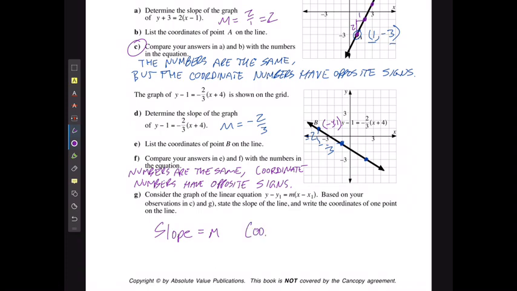And my coordinate, based on that equation, is going to be at x1, y1. Because I can see with these negative signs in the equation, that's what's flipping the sign from what it is in the actual coordinate.